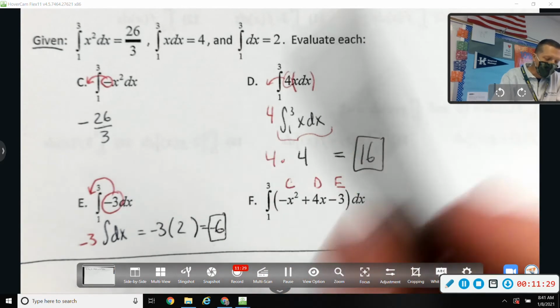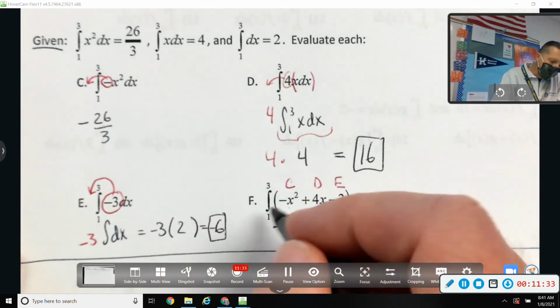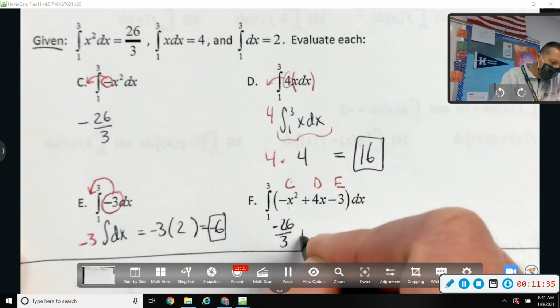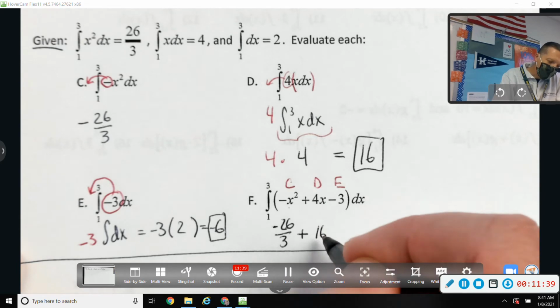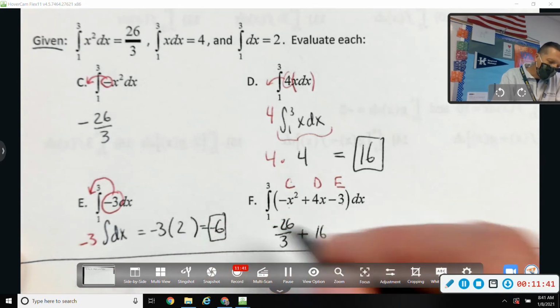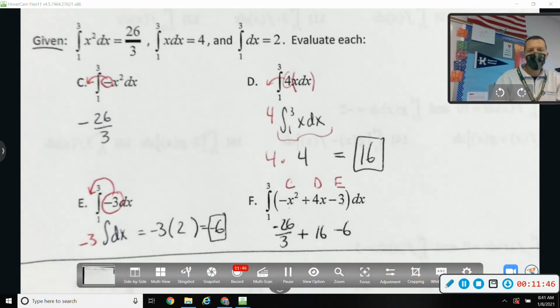It was probably a student that pointed it out. So negative x squared, we already have that answer. 4x, we have that answer. Minus 3, we have that answer. And safe stop, we're done. Especially with the 3 in there, why risk messing anything up? Be done with that.